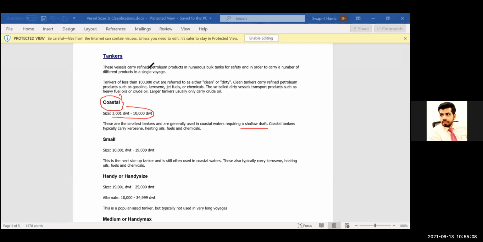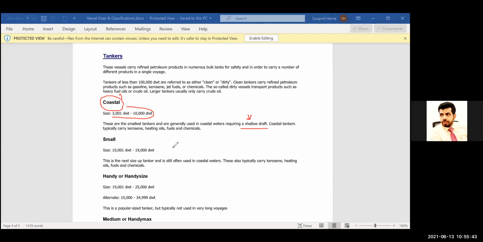Now, gentlemen, what is draft? Can anyone tell me what is draft? Okay, just keep it aside. As of now, just remember the smaller vessels, depending on the size, have a smaller draft, and as the size increases, the draft of a vessel also increases. At the moment, remember that.